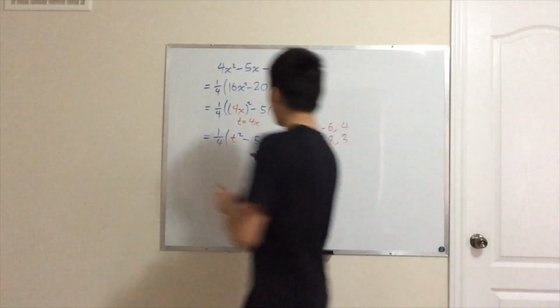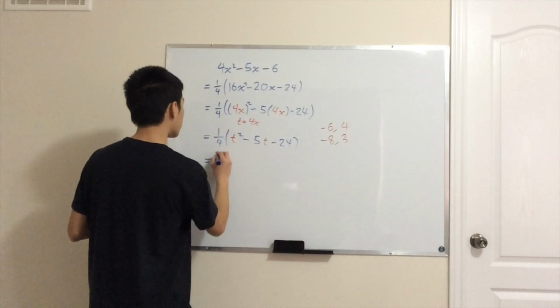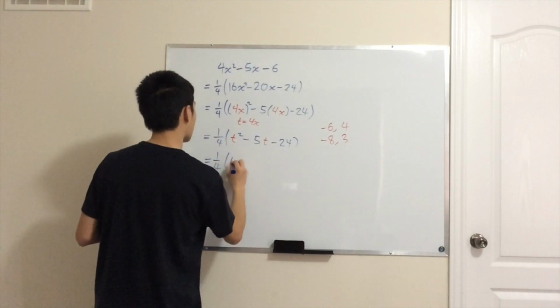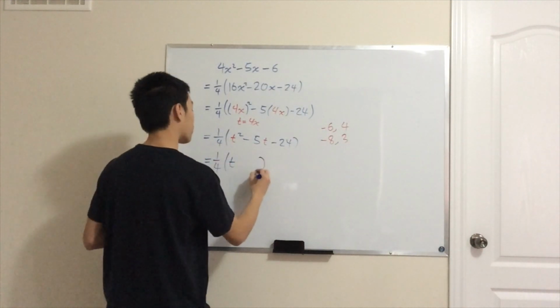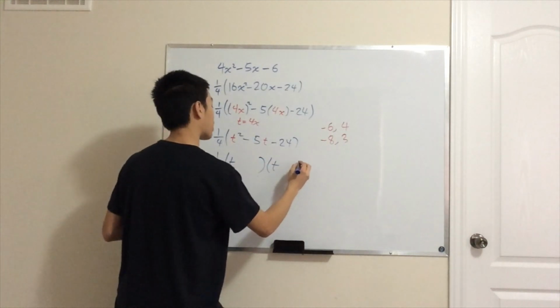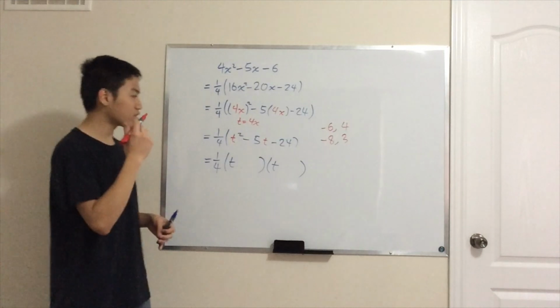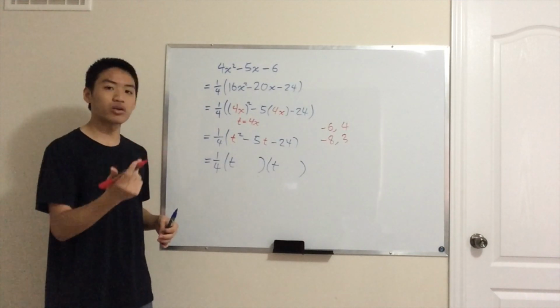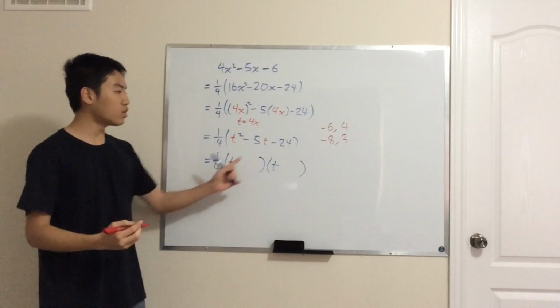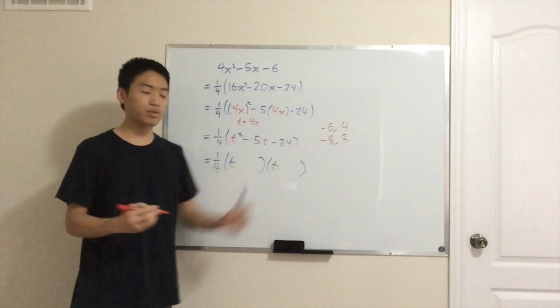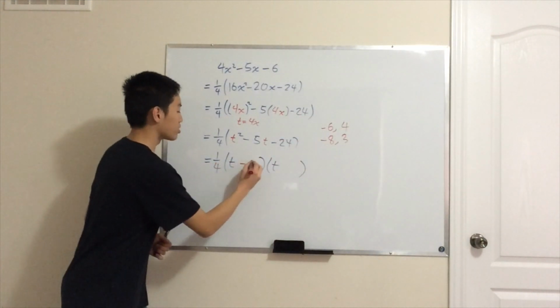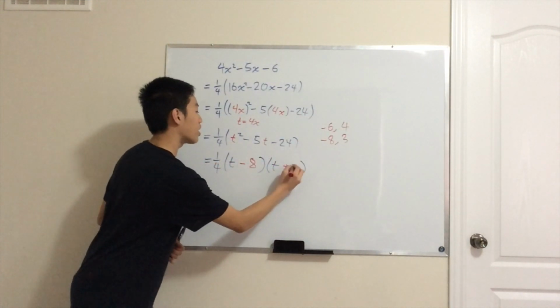This is all good. So, we can finally rewrite it using our formula. We just have t plus the first number, alpha, and then multiplied by another binomial, t plus the second number, beta. So, we found the two numbers, negative 8 and positive 3. We can just plug them in, and we're all done.